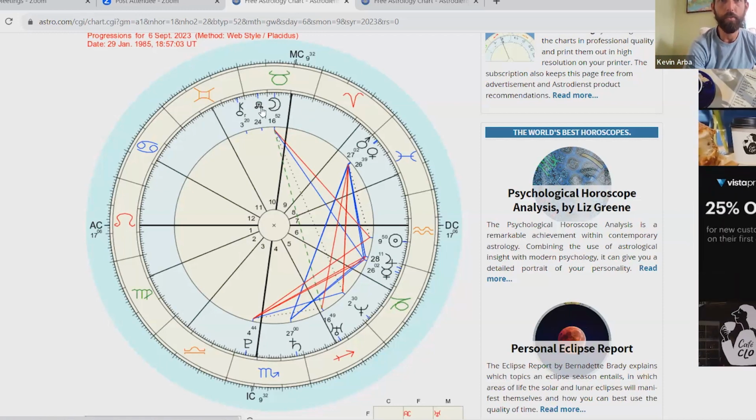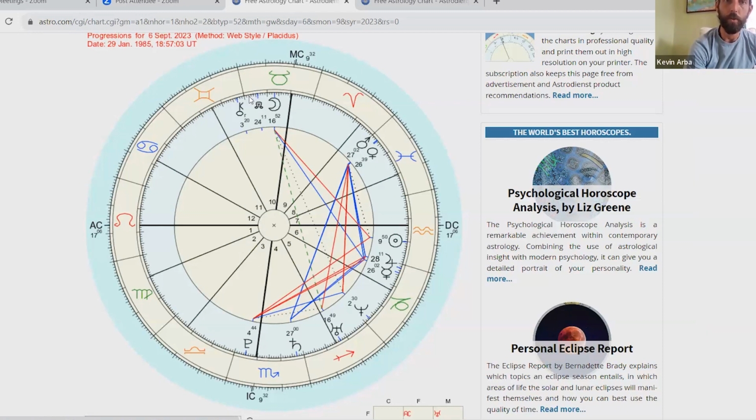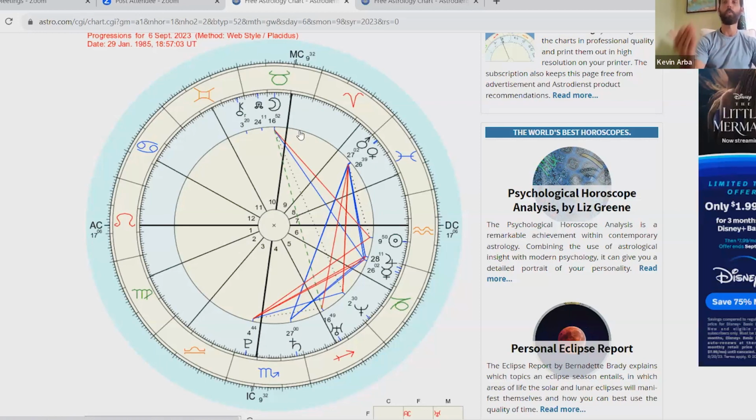So then to answer your question here, Sarah, there's exactly 3 degrees of difference. My progressed north node is at 24 degrees. My natal north node is at 27 degrees. And so if you allow just 1 degree of orb, well, let's give 2 degrees. I feel like 2 degrees is probably reasonable for the progressed sun and moon, and then 1 degree for progressed Mercury, Venus, and Mars.